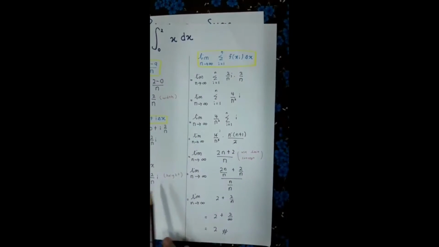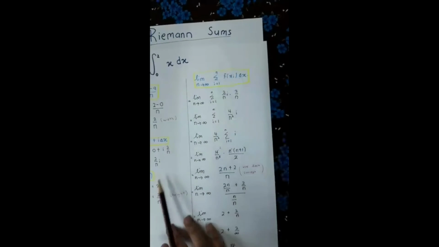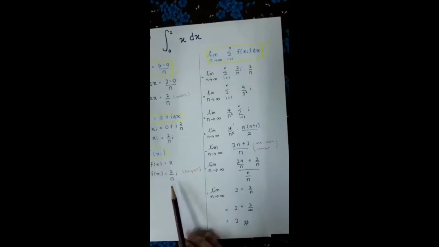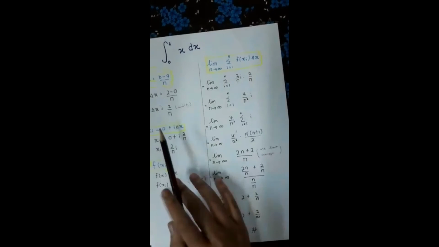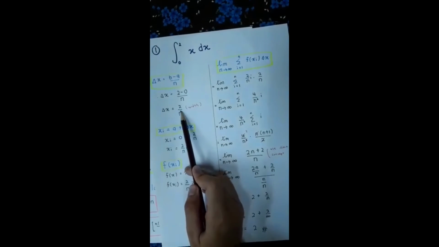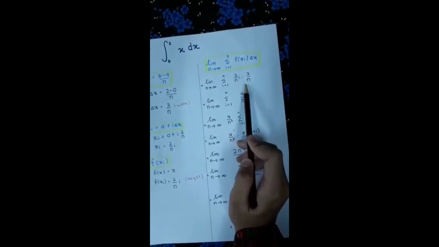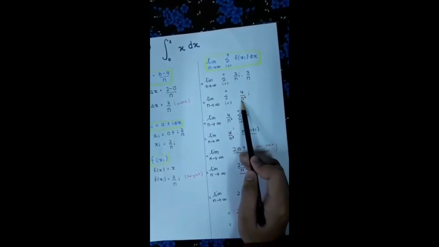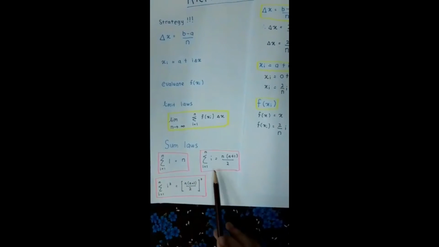So we just substitute f(xi), which is 2i over n, inside this, times delta x. We also know delta x is 2 over n. So 2i over n times 2 over n, and we will get the answer 4 over n squared times i. But we will get back to the sum law.